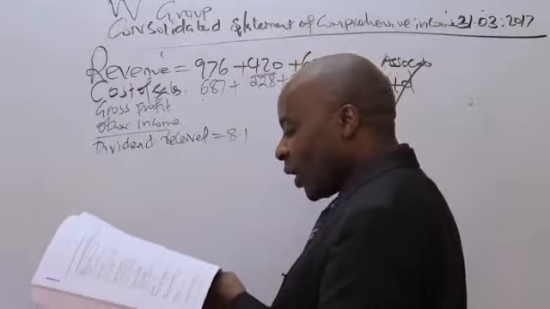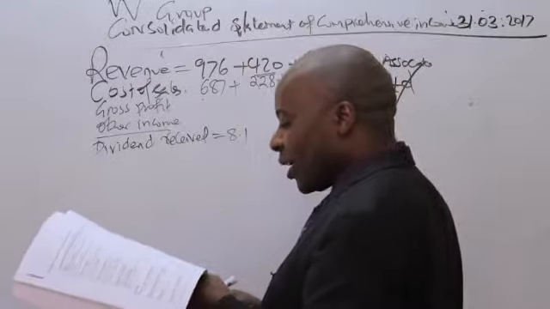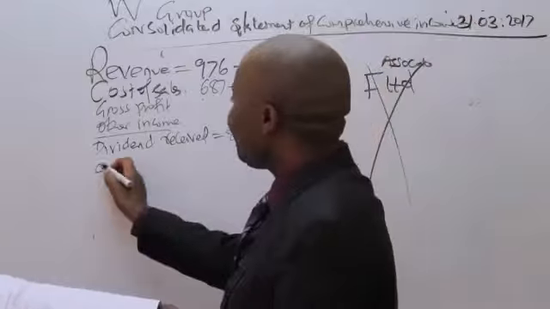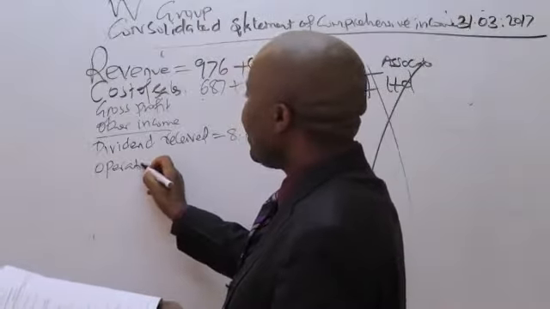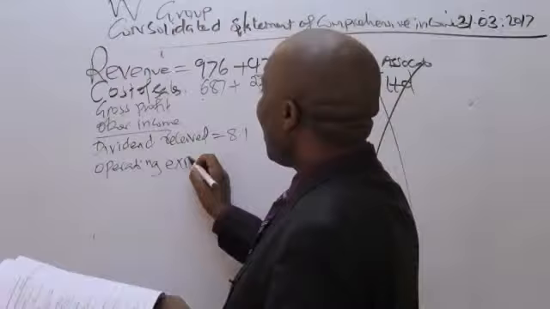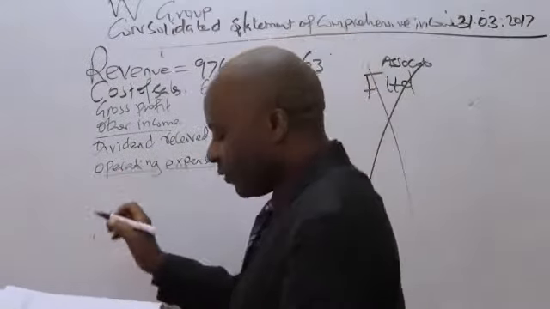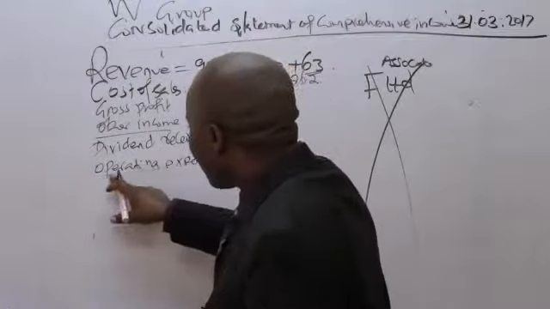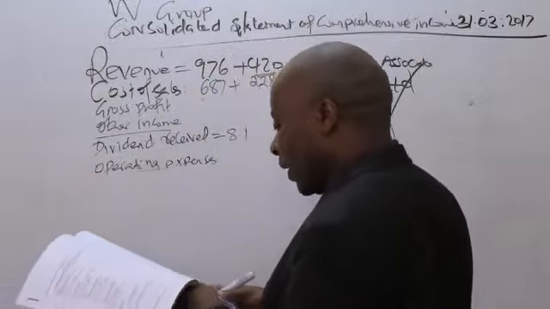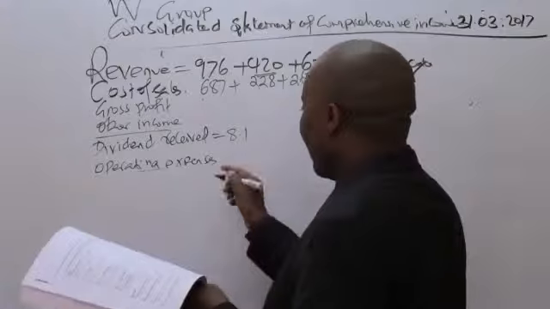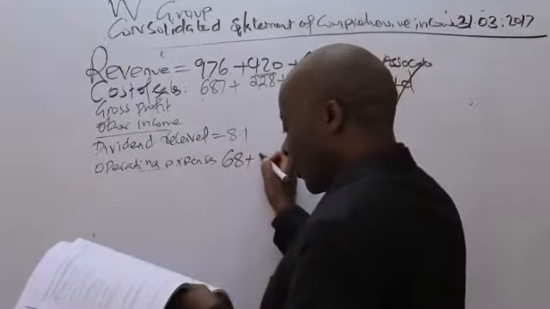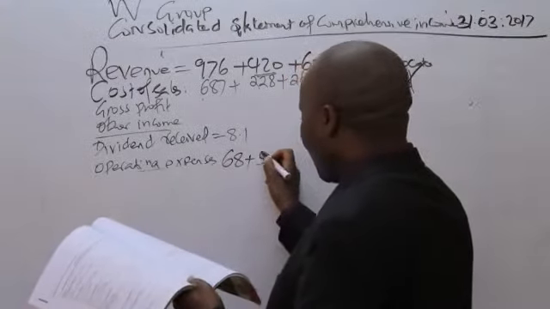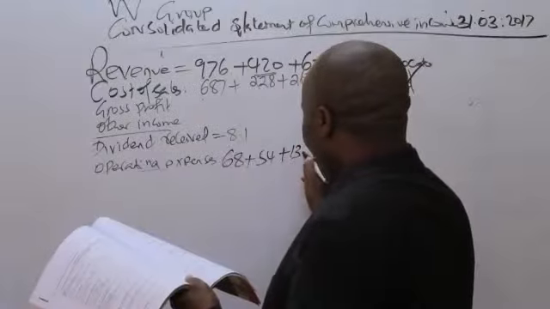After 8.1, I'll be able to get the operating expenses. Operating expenses, what do we have there? Just consolidate them because they've been given line by line. So we have 68 plus 54 plus 13.4.